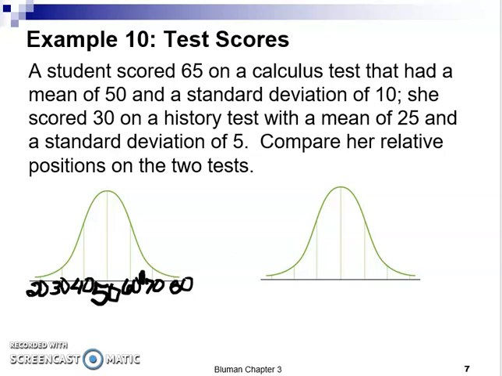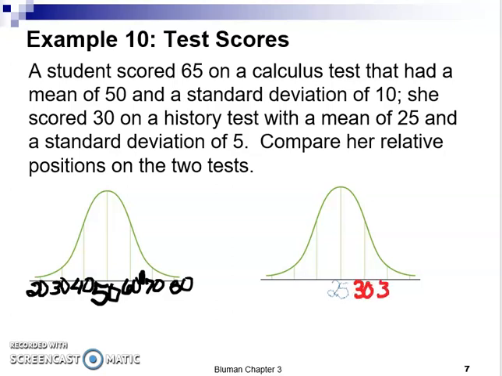Well, in the other class, her history class, the mean score was a 25. So that means this measure right here is 25. One standard deviation to the right puts this at 30.